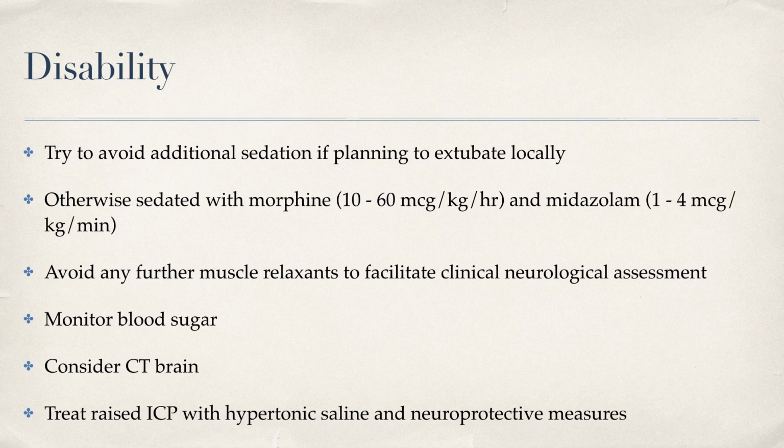Then we come on to whether we should or shouldn't perform a CT scan of the brain. And I think whether you do that depends on whether the seizure has any atypical features. Are there focal neurological signs? Are there signs of raised intracranial pressure? Or is there something worrying in the history?